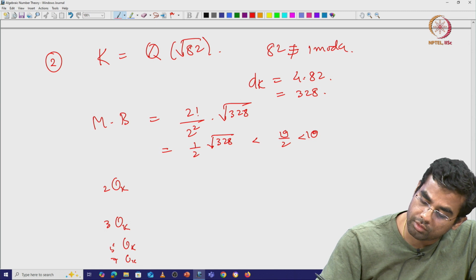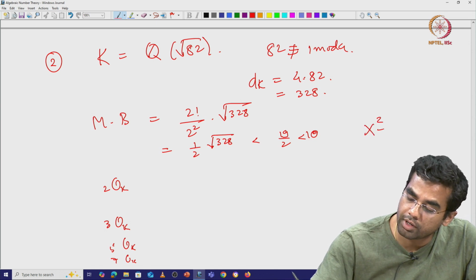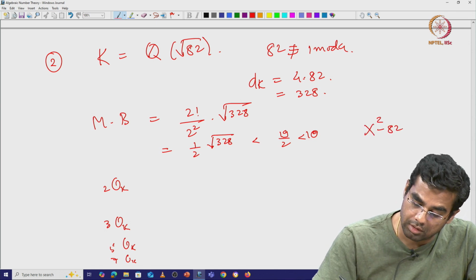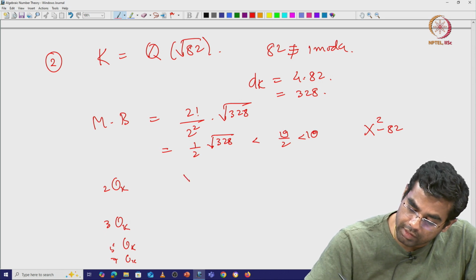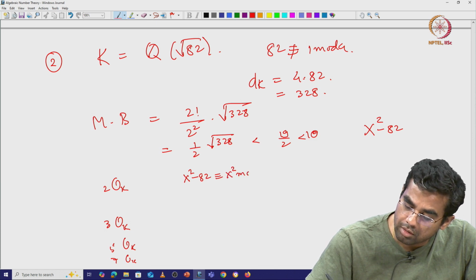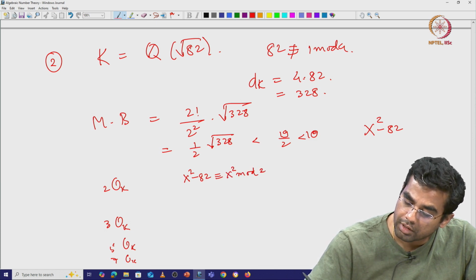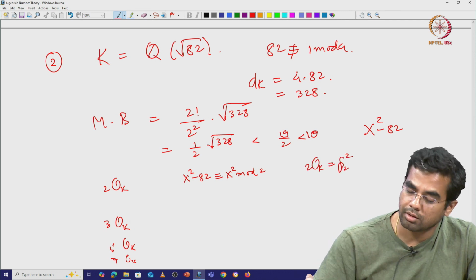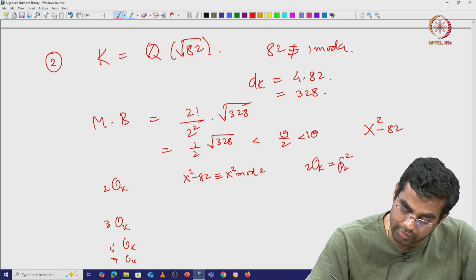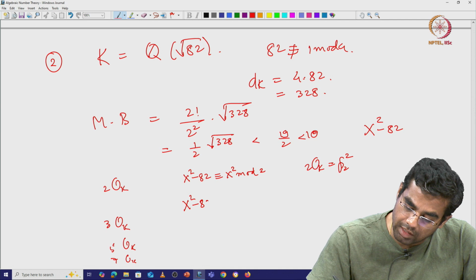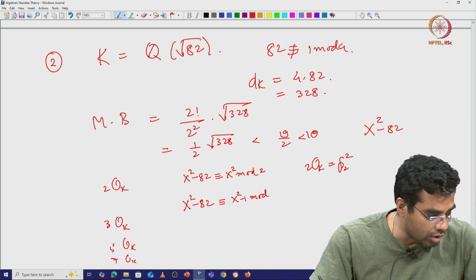And so, what we are going to do is look at the polynomial x square minus 82. So, x square minus 82 is congruent to x square mod 2, and so 2 OK is just some prime square. We should know this anyway without doing this computation. Nevertheless, x square minus 82 is congruent to x square minus 1 mod 3.